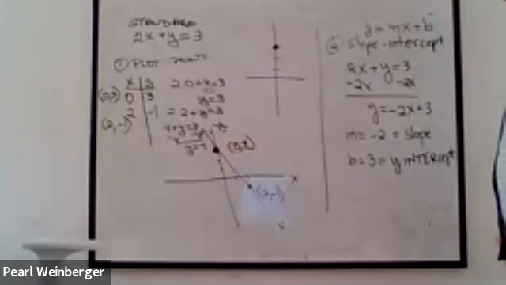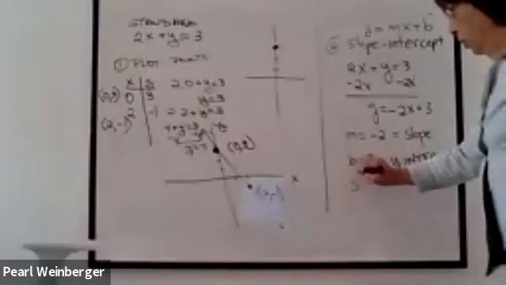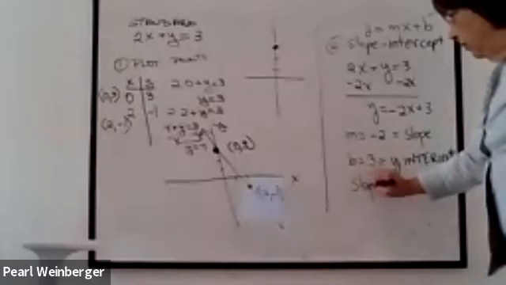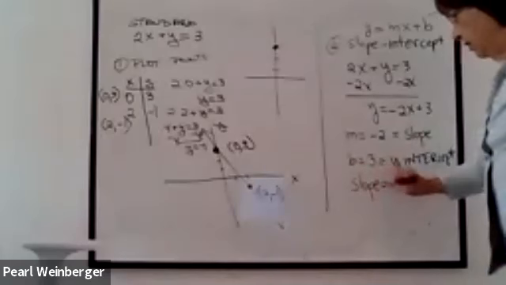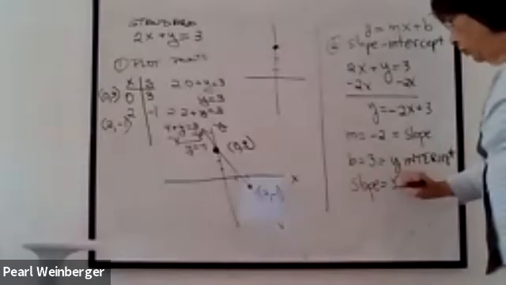But the y-intercept only gives me 1 point, and I need 2 points at least. I need another point. And that's where the slope comes in. Slope means how it's slanted. It's what we call rise over run.